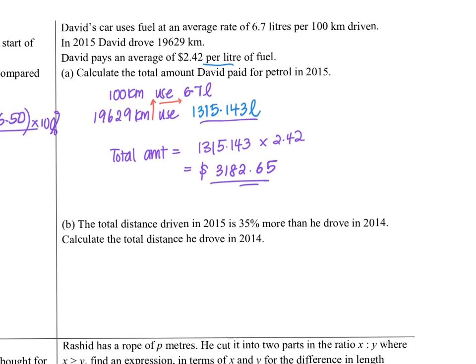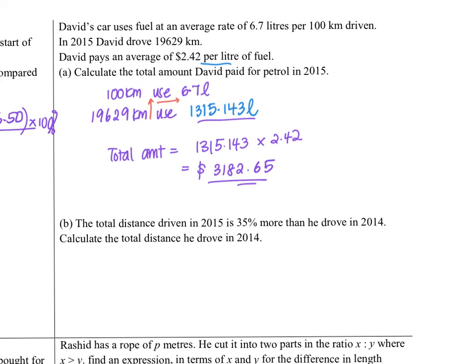Next, the question says the total distance driven in 2015, which is the number 19,629, is 35% more. That means this number over here is 35% more than 2014. When it's more than 2014, that means the year 2014 is 100%.